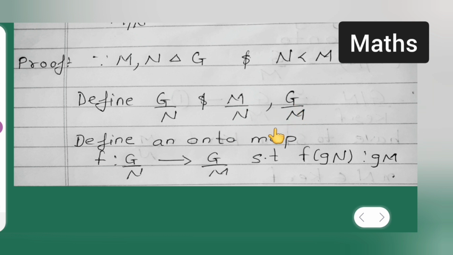So what we have to do now is define an onto map f from G/N to G/M such that f(gN) = gM. Now we have to see if f is well defined, and this is the condition which is given to you: f(gN) = gM.